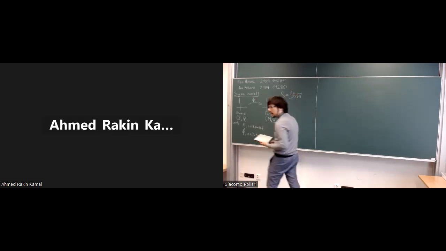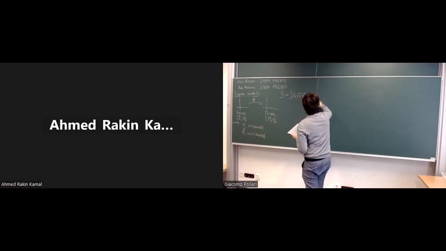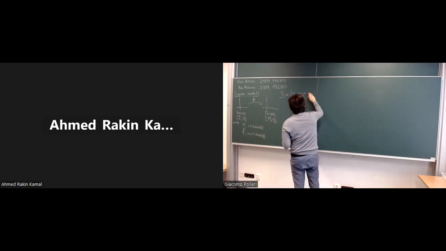For your volume form to have the right Lorentz transformation properties, you need the square root of the determinant of h. Then you just take the quadratic term with derivatives, the kinetic term, and you assume that your metric on the target space doesn't have to be constant. So you write down this.